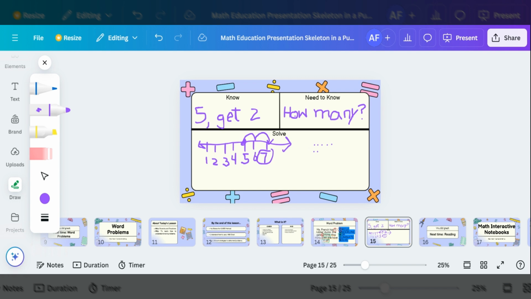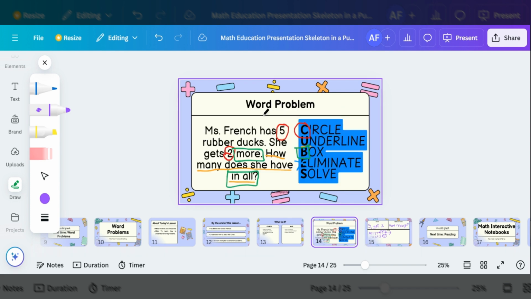So this gives all the kids a chance to think about different strategies for solving problems. It also helps break down word problems so they're a little less intimidating. It is a little easier when you know, oh, I'm working with the numbers 5 and 2. And after looking at the question and the important words, I know that I'm going to add those 2 numbers together.